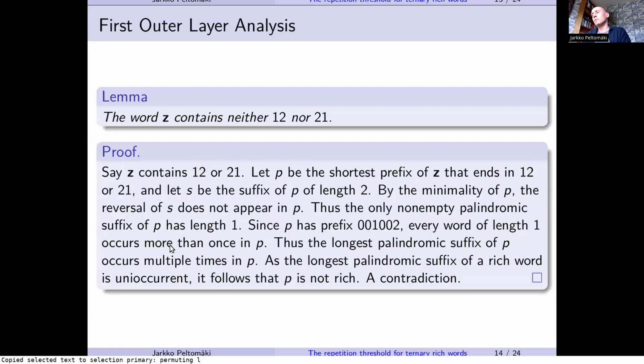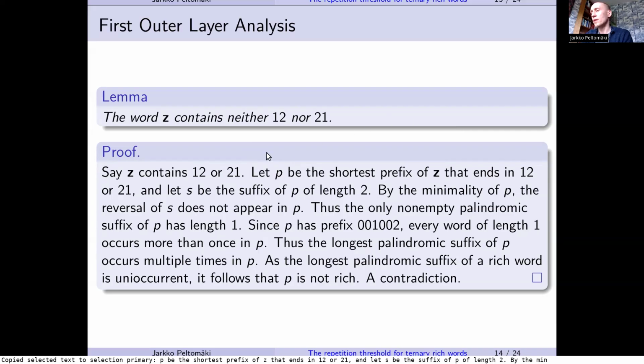Then I included this short, simple lemma, which states that Z cannot contain either of these factors 1, 2 or 2, 1. This is a nice, simple exercise in using properties of rich words. Suppose on the contrary that 1, 2 or 2, 1 occurs, and let P be the shortest prefix of Z that ends in 1, 2 or 2, 1.